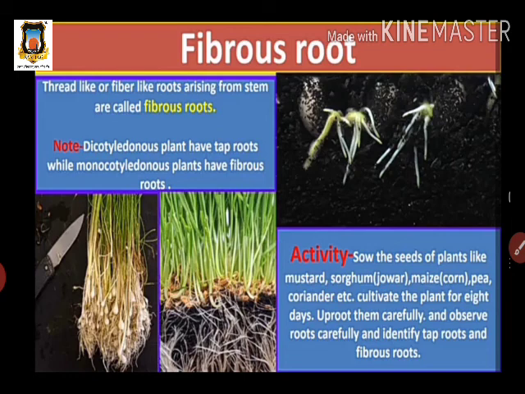Cultivate the plant for 8 days. So after cultivating 8 days, the plants grow 15 to 20 centimeter high. Uproot them, means by uprooting you can see how their roots are developed, which type of roots they contain.